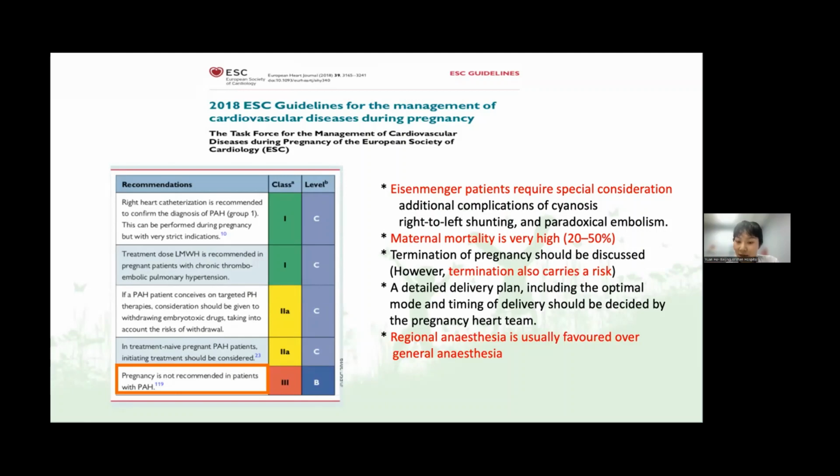Termination of pregnancy should be discussed, because termination also carries a risk. The detailed delivery plan, including the optimal mode and timing of delivery, should be decided by the pregnancy heart team. Regional anesthesia is usually favored over general anesthesia.